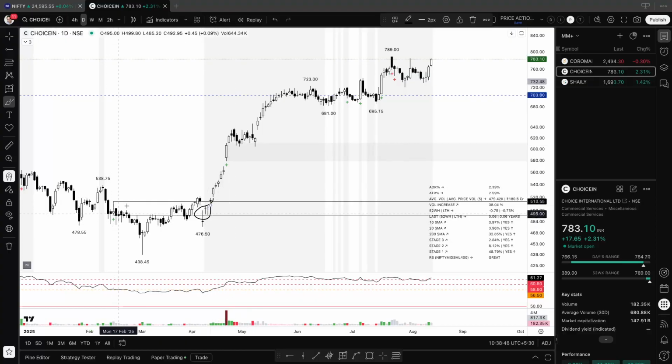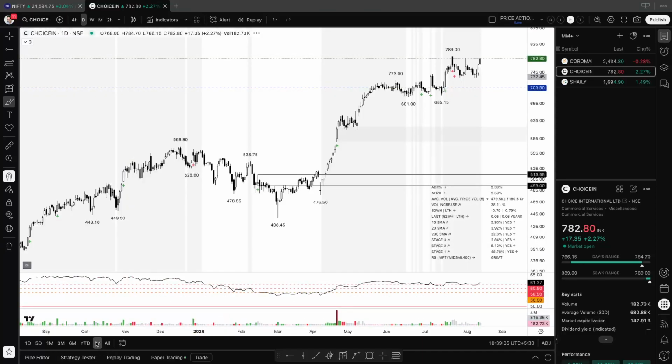Our stop loss will be 1 or 2% below this price, below the low of the footprint candle. So this is how you can catch the trend and understand how price works.